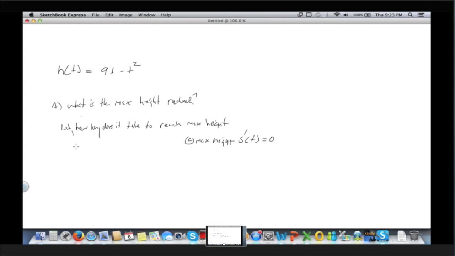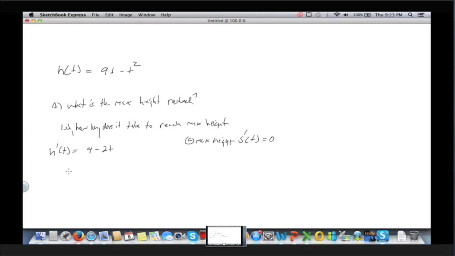Okay, so first we need to find s prime of t, or h prime of t, which equals 9 minus 2t.